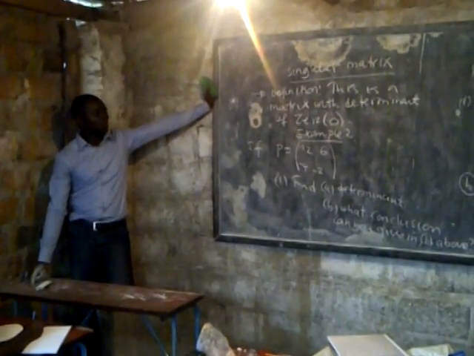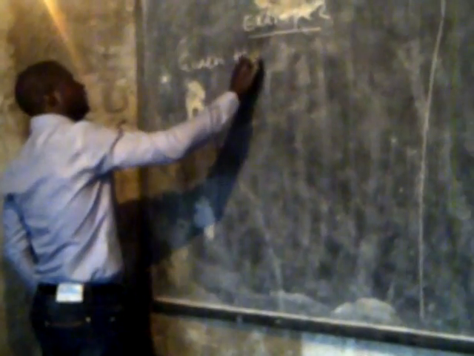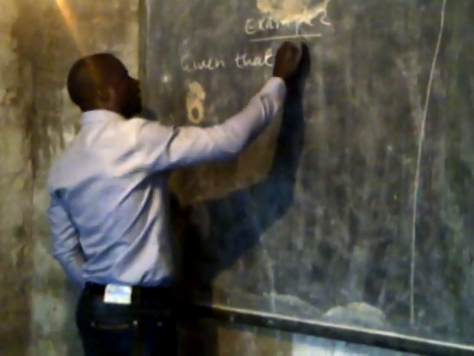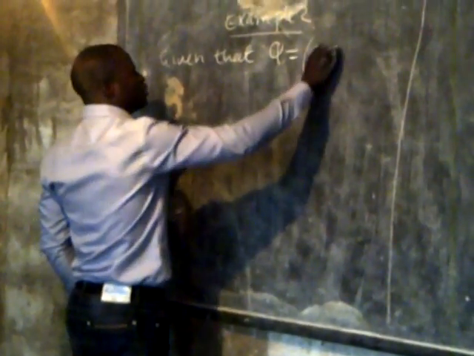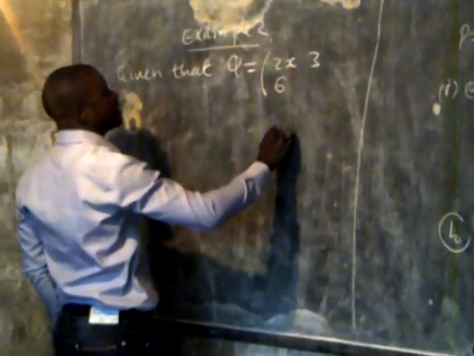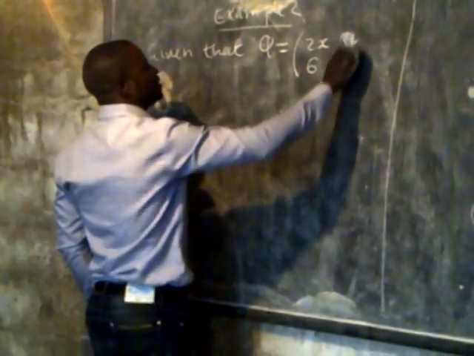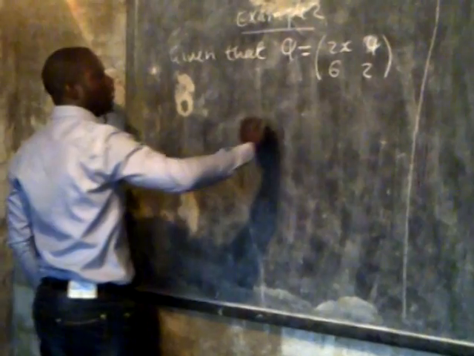So today we're just doing determinant and inverse. Given that matrix Q is 2x, 3, and 6, 2x, 4, and this is 2.